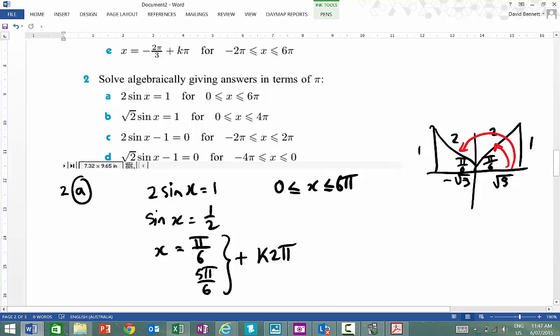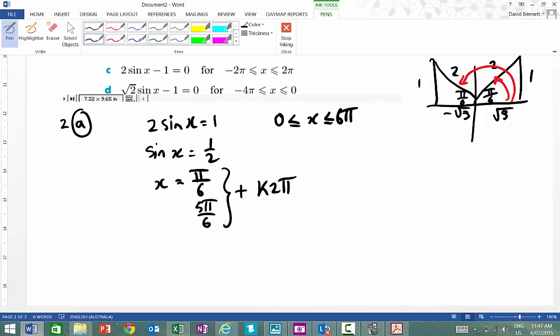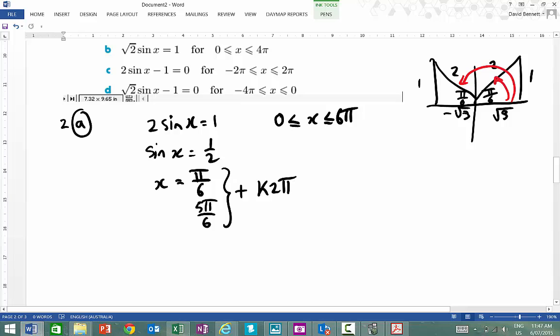So just to make life a little bit easier for us, let's put these values in terms of pi on 6. So over here we have 6 pi on 6, which is going to be 36 pi on 6, isn't it? K 2 pi is going to be 12 pi on 6. Got the idea?